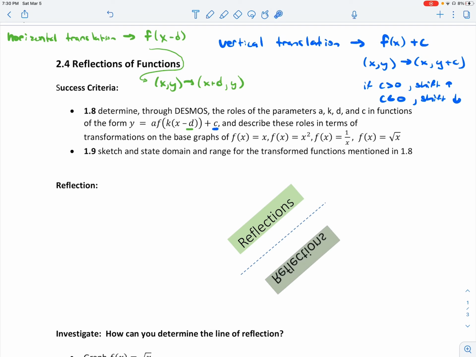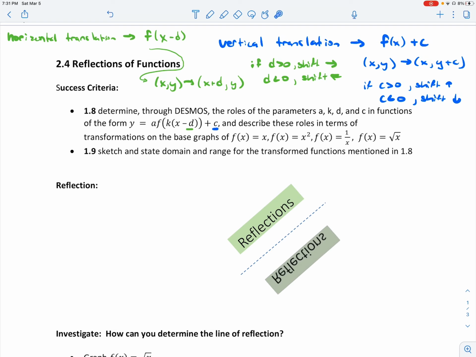So if we take d away in the function, it has an opposite effect and it shifts the other way. So if d is greater than 0, we shift to the right, and if d is less than 0, shift to the left.